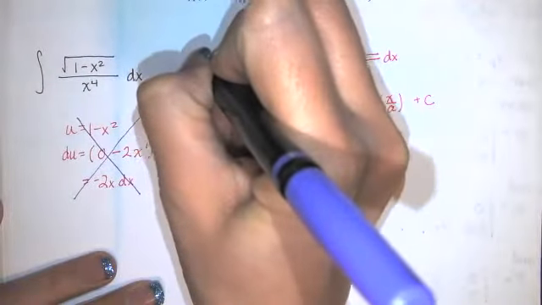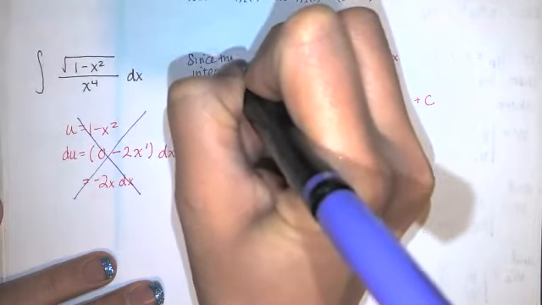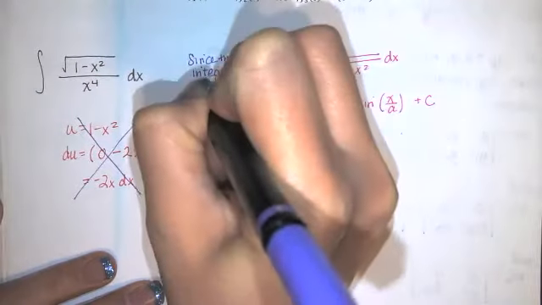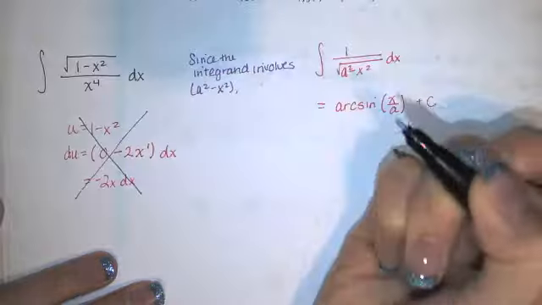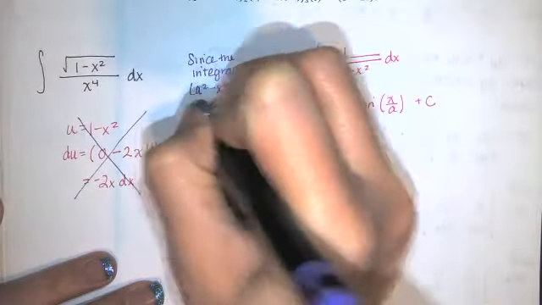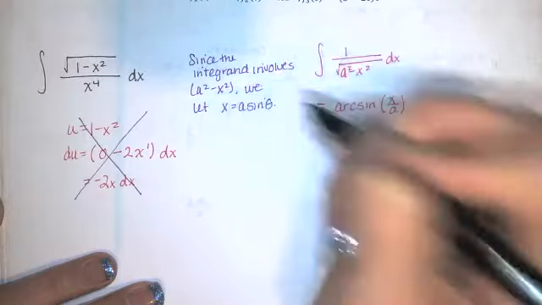So we'll say since the integrand involves that a squared minus x squared, we're going to make the substitution x equals a times sine of theta.